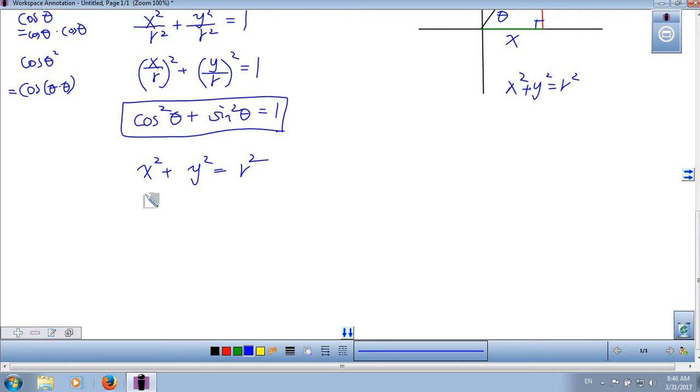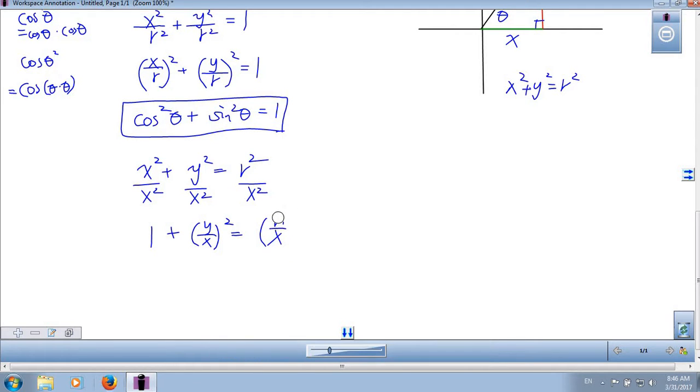So this time, let's divide everything by x. Divide this by x squared, divide this by x squared, divide this by x squared. So this will become 1 plus y over x, quantity squared, equals r over x, squared. My r is a little bit ugly, I'm sorry. Now, what is y over x? y over x is tangent.